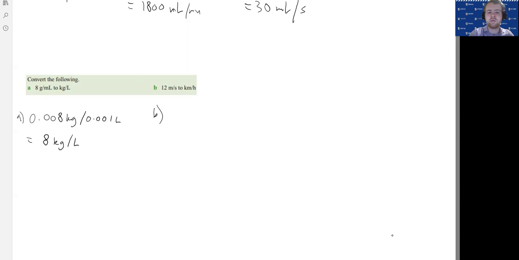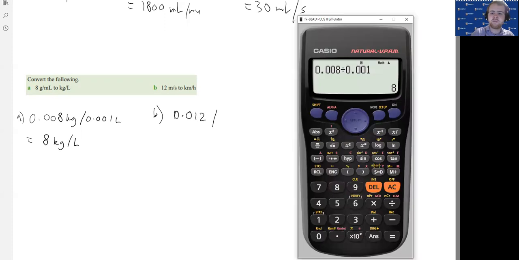All right. For this one, we're going from meters per second to kilometers per hour. I'm going to show you the long way to do this, and then I'm going to show you the short way. So we've got 12 meters. If we want to make that kilometers, it's going to be 0.012, just moving that decimal point 3 times. And then we're going to divide it by, so seconds to hours, if we have 1 second and we want to divide that by 60 and then divide by 60 again, we get this sort of long number here.